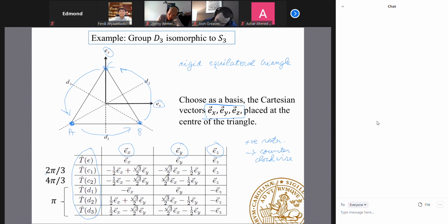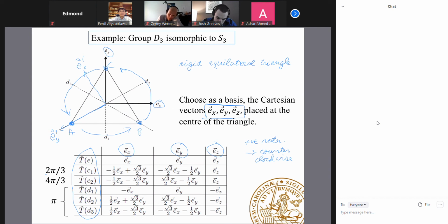So we say that this Ex we brought to somewhere here maybe. That will be Ex prime, let's say. And Ey will be brought exactly here. So that's my new Ey. And the Z component is not affected because it's perpendicular to the plane.